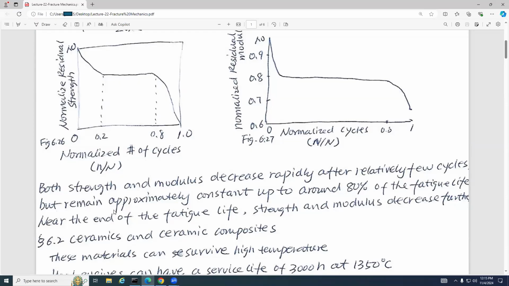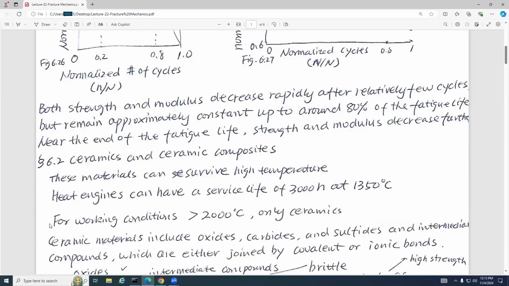Near the end of the fatigue life, strength and modulus decrease further. So this is how these composite panels, composite samples, respond if we apply cyclic loading, or fatigue conditions. Then we talk about the ceramics.